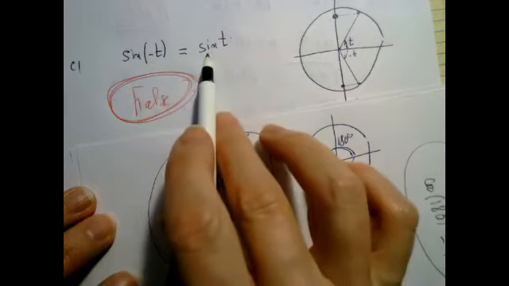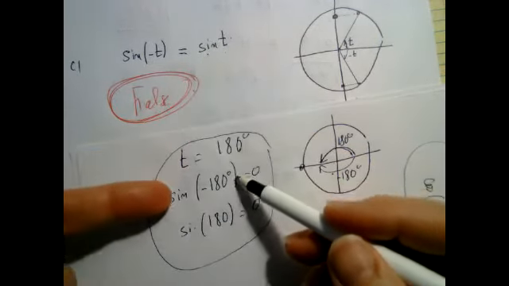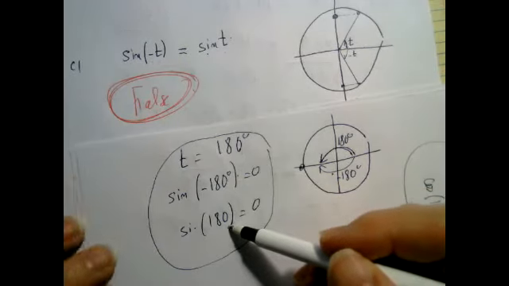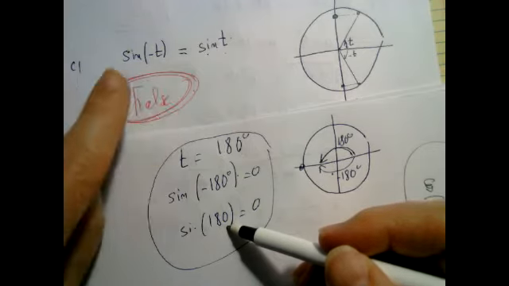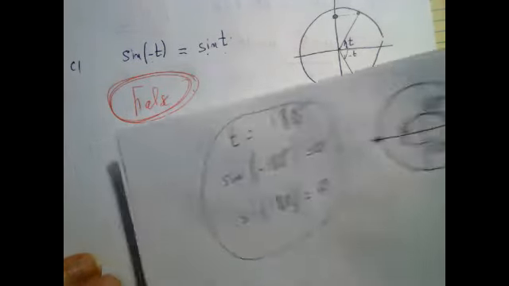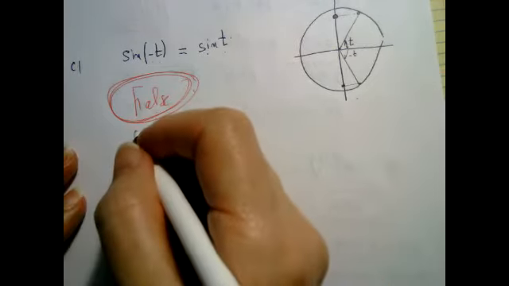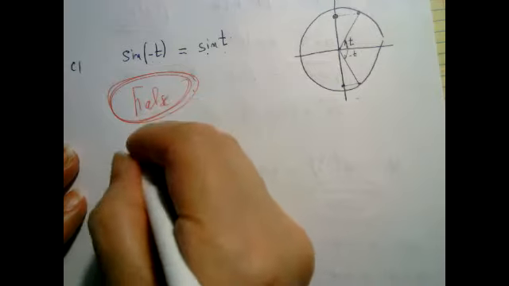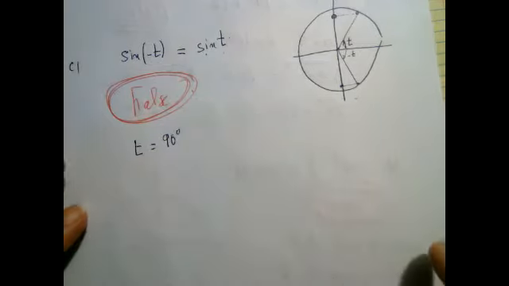But for this to be true, it has to be true for all angles. So if you give me one angle for which it is true, which is very interesting, it doesn't mean it's true all the time. It could be true for one, but identity means it's always true. So who can give me another example? Suppose I take t to be 90 degrees.